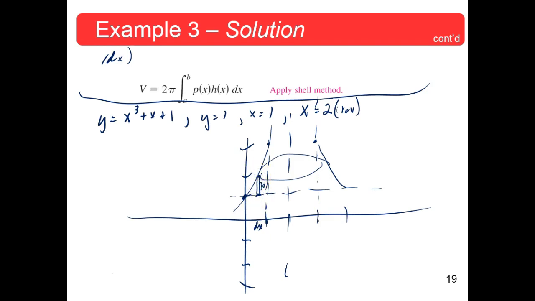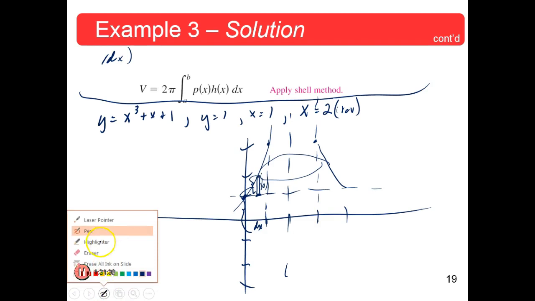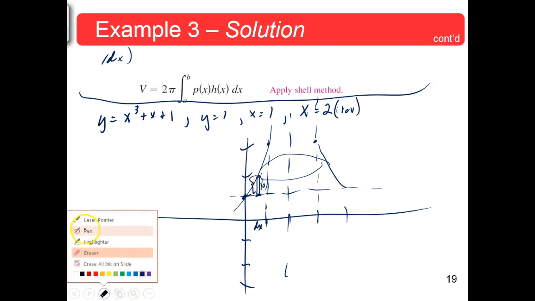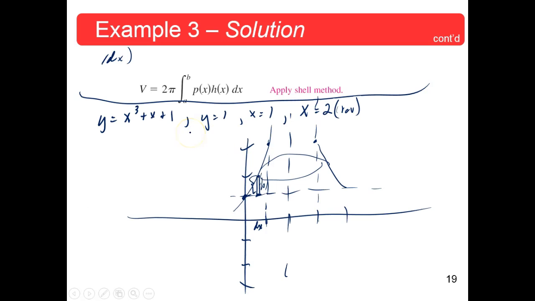Okay, the height here is merely what? What is your height here? I'm sorry, this is the height. Let me erase what I just did. I don't know what this was. Okay, this is your height. What is it? A little louder. Function plus 1? Is the function minus 1?